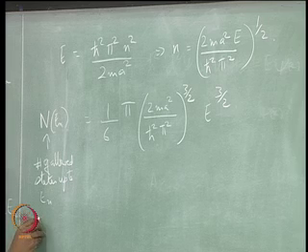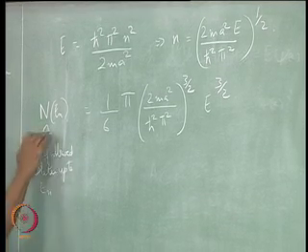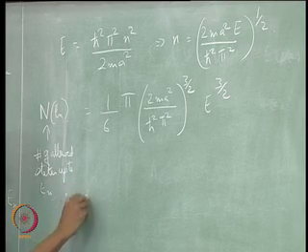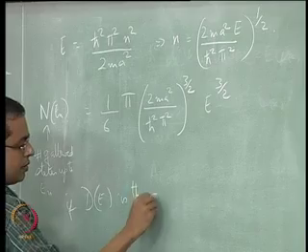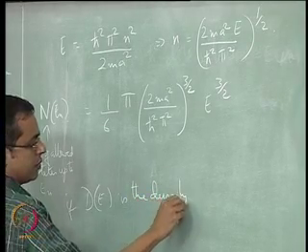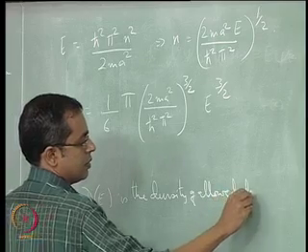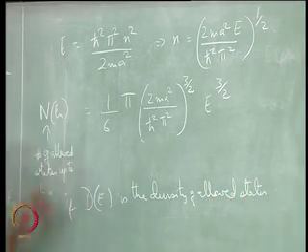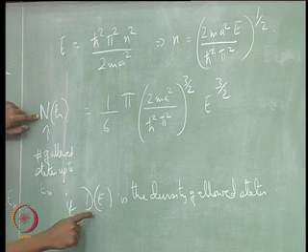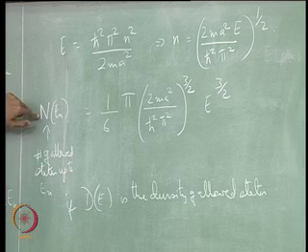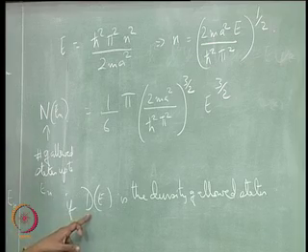Now density of allowed states. If D of E is the density of allowed states, then the total number of allowed states up to an energy level E n is simply the integral of this with respect to energy. This is the number of allowed states between an energy value E and E plus dE.